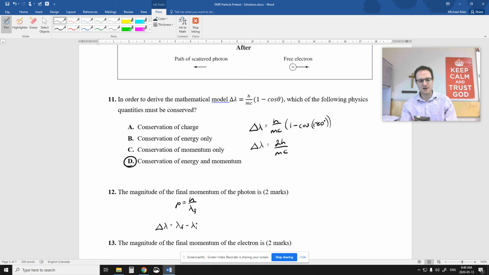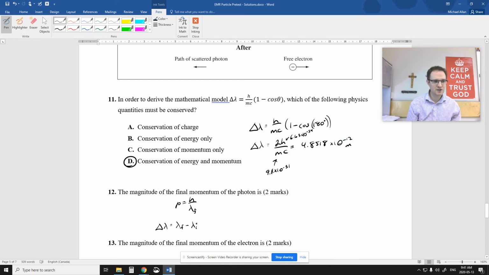It doesn't depend on the photon. It depends only on what it hits. It hits an electron here, so I'm going to use the mass of 9.11 times 10 to the -31. c is the speed of light. You always use the 6.63 number in this formula, because everything's going to be in joules and wavelengths and meters and stuff. Okay, so I got 4.8518 times 10 to the -12 meters. So it doesn't change very much. That's fine.